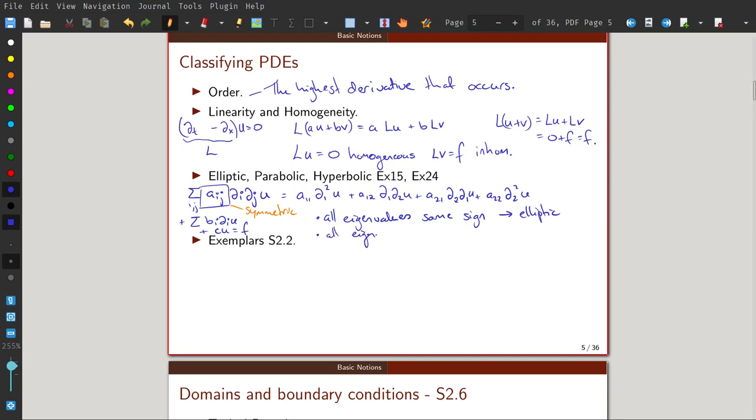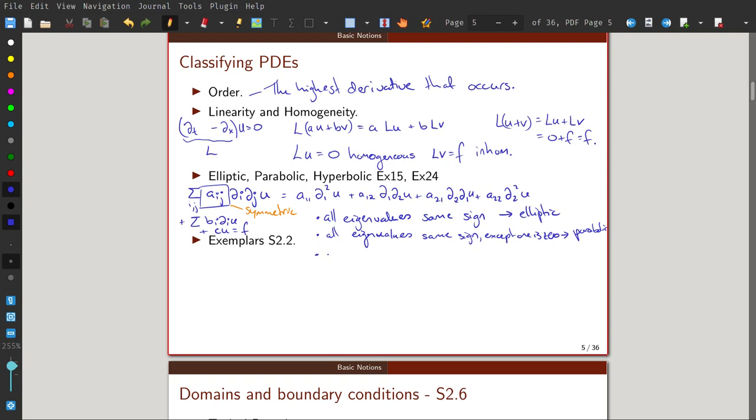All eigenvalues the same sign, except for one, which is 0. This is called parabolic. So we should understand the parabolic case as similar to the elliptic case, except one of the eigenvalues has become 0. So it's sort of a limiting case of the elliptic case, with one of those eigenvalues moving to 0.